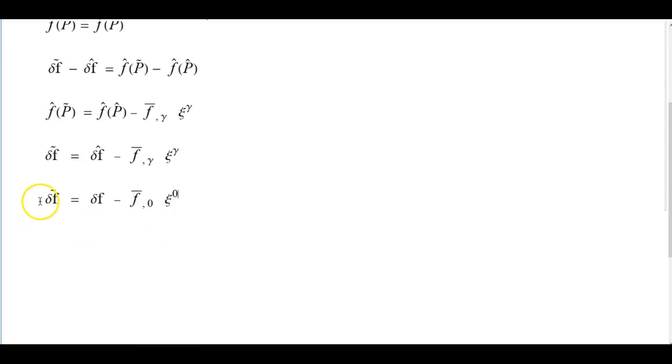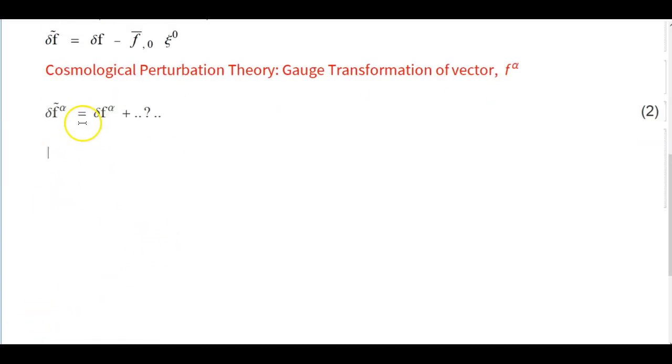So this is the expression for scalar transformation from gauge 1 to gauge 2. Now we are going to see how a vector quantity f alpha is going to transform from gauge 1 to gauge 2.